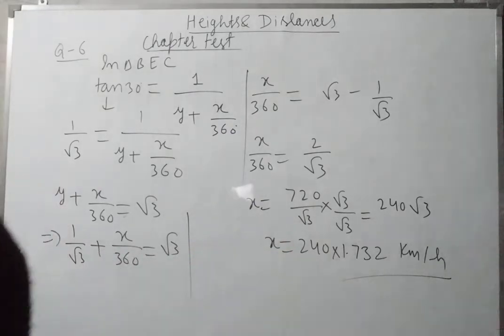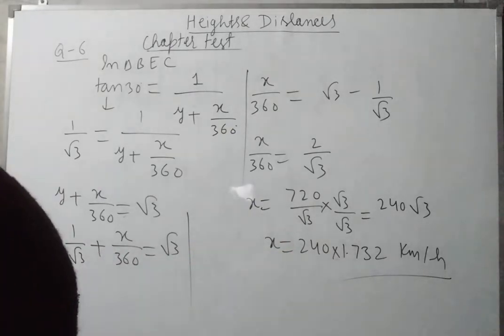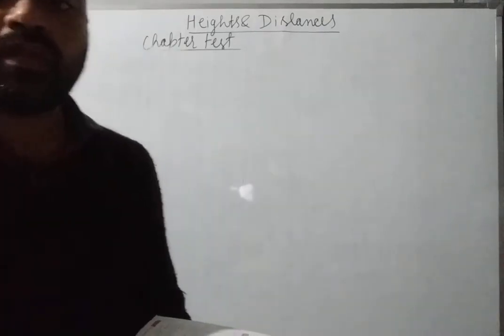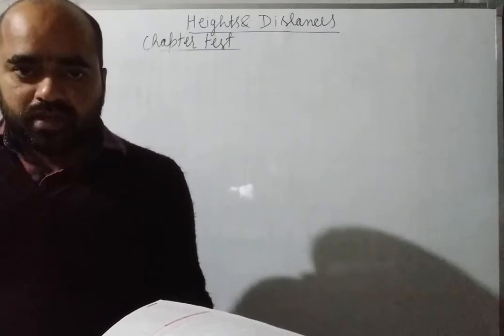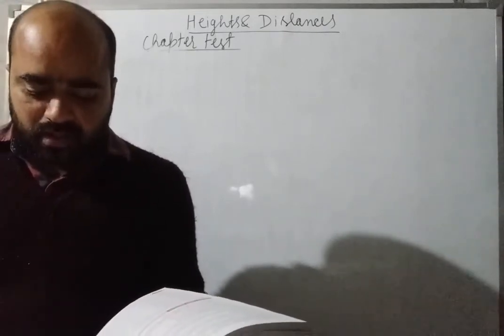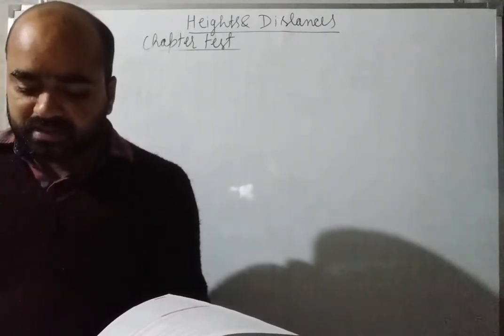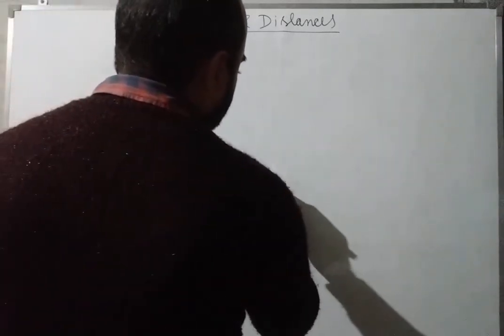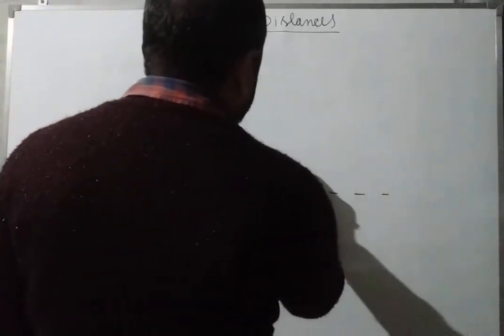Correct? Next. Question number 7. A man on the deck of a ship is 16 meter above the water level. Suppose this is the water level, and suppose this is the ship.